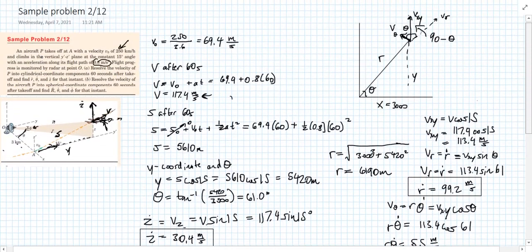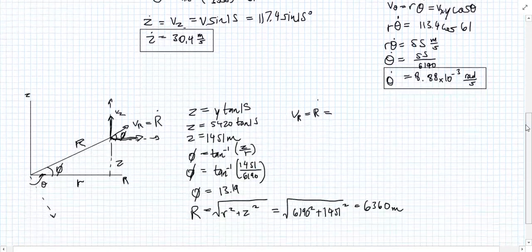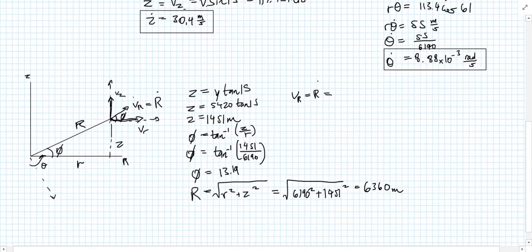These were given to us before. So this guy is VR and this guy is VZ. We want to find the components of VZ along this line. We do that by saying VZ times the sine of phi, because phi is down here.